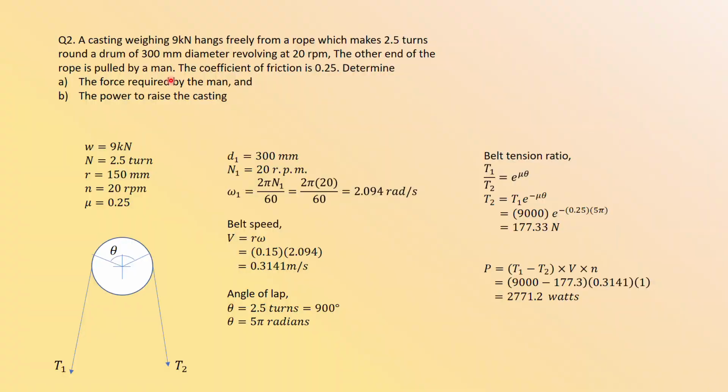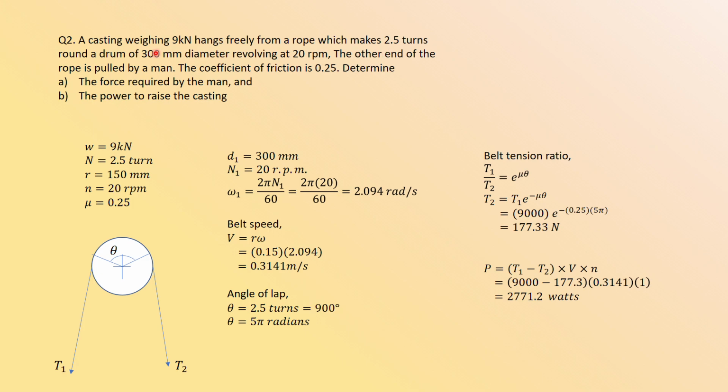So now the next question. A casting weighing 9 kilonewton hangs freely from a rope which makes 2.5 turns. Now 2.5 turns, if you were to convert it to angle, you have to take the 2.5 multiplied by 2 pi.